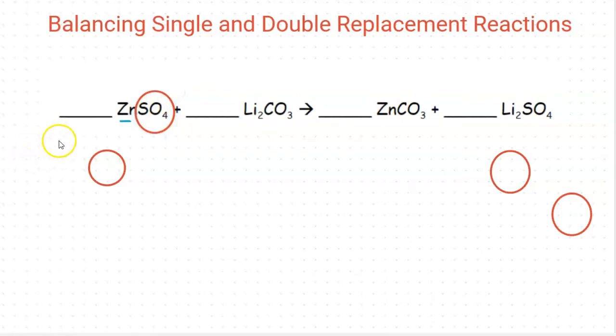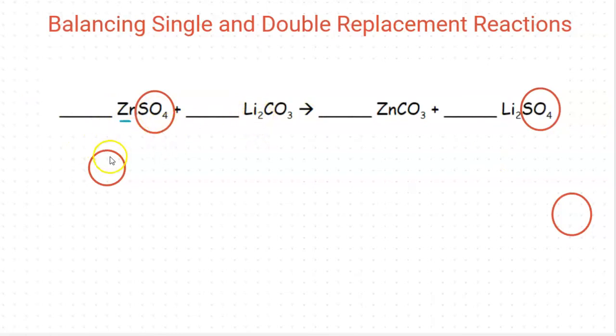Normally we might see parentheses around these in an equation, but you should recognize these polyatomic ions. When I look at a double replacement reaction and I see sulfate on the left, and I see that sulfate is unchanged and exists also on the right, I can treat sulfate as if it's one single thing instead of 5 separate atoms. And that's going to make our process of balancing an awful lot easier.